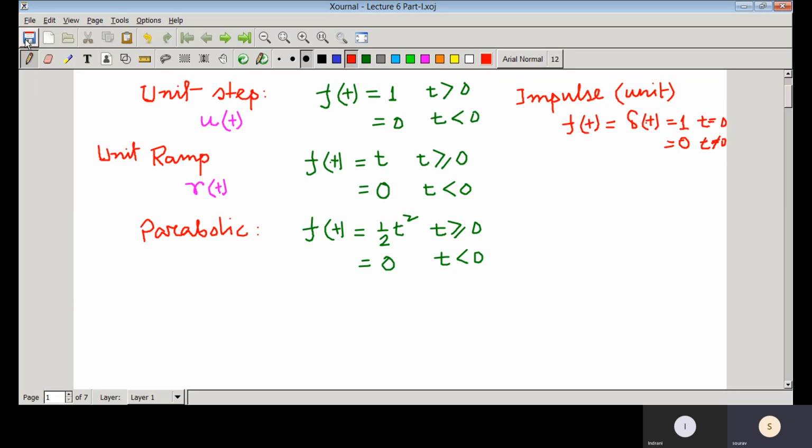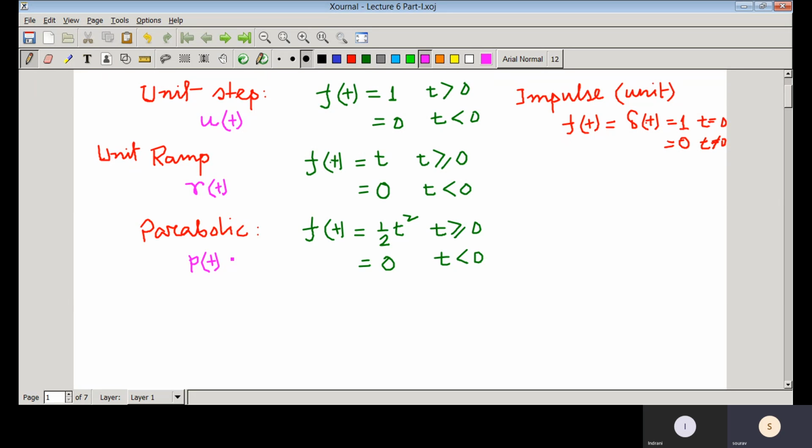Those things you have already studied in signals and networks, so here I am discussing them just for recapitulation. The parabolic signal is denoted by p(t), and the impulse is normally denoted by delta(t).